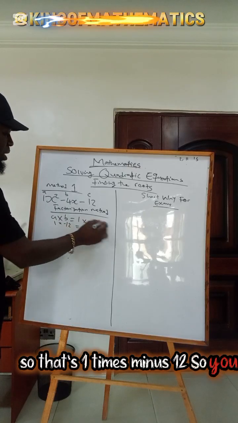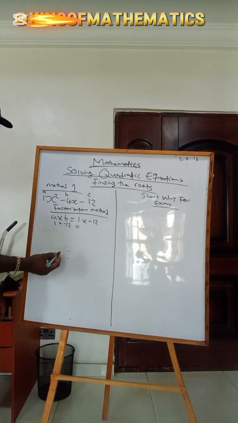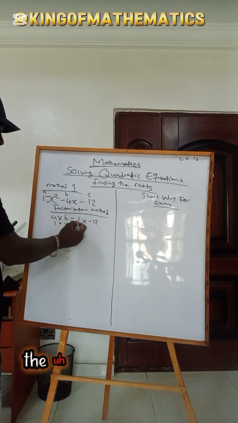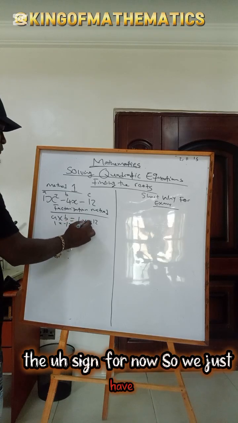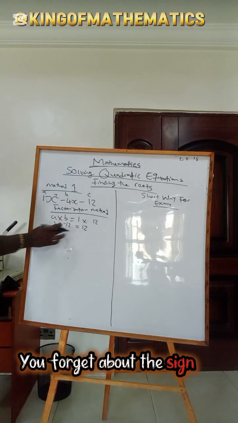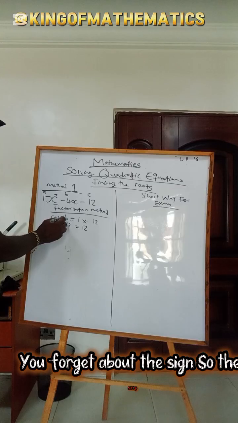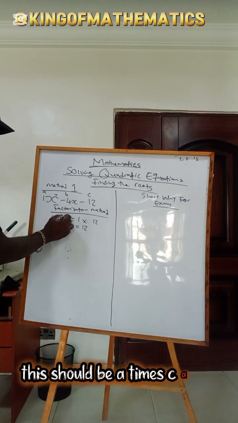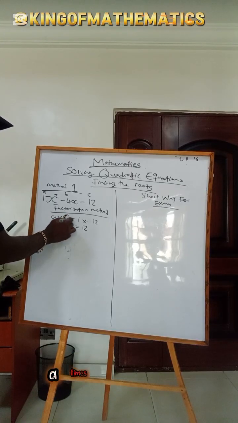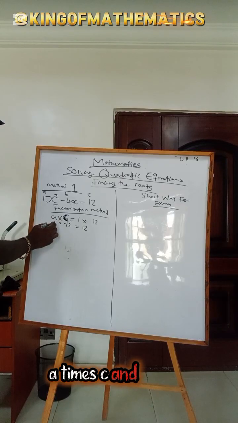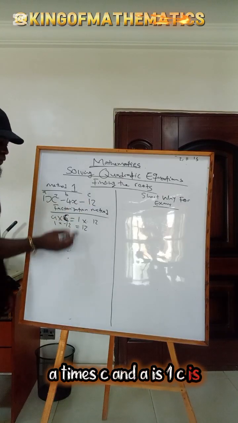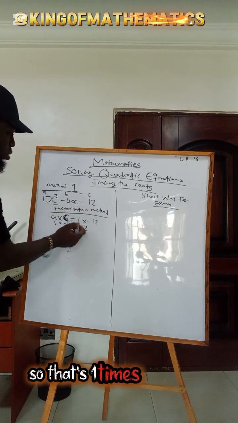So you forget about the sign for now. We just have 12. You forget about the sign. So this should be A times C, and A is 1, C is 12. So that's 1 times 12, which is 12.